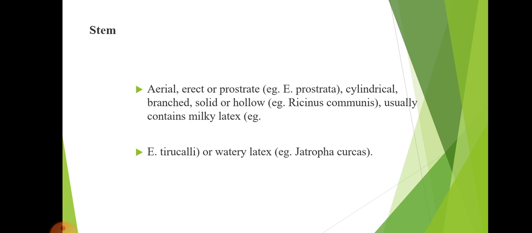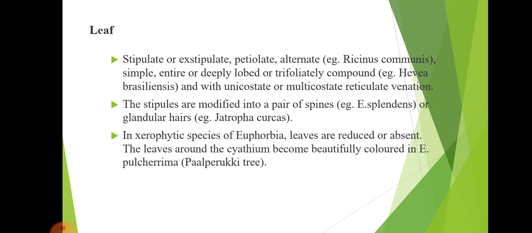Example, Jatropha curcas. You see the leaf structure of Euphorbiaceae. It's stipulate or exstipulate, petiolate, alternate, for example Ricinus communis, and simple, entire or deeply lobed, or trifoliately compound.